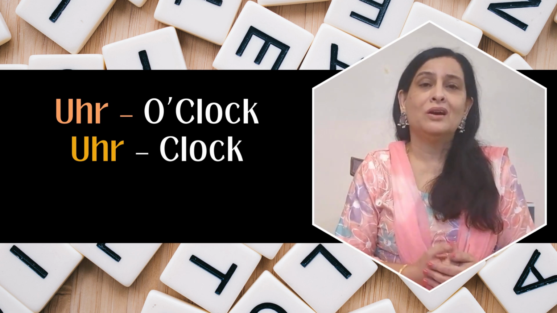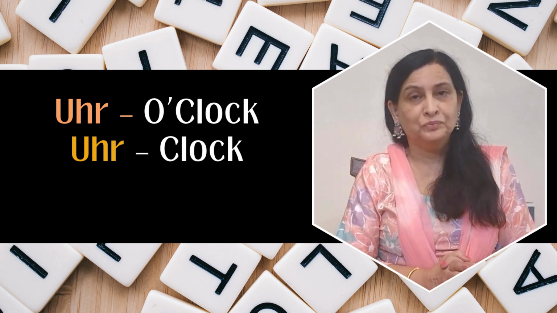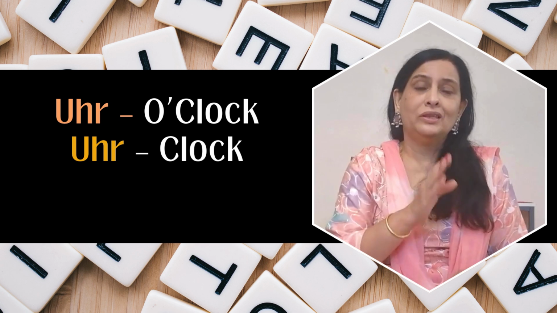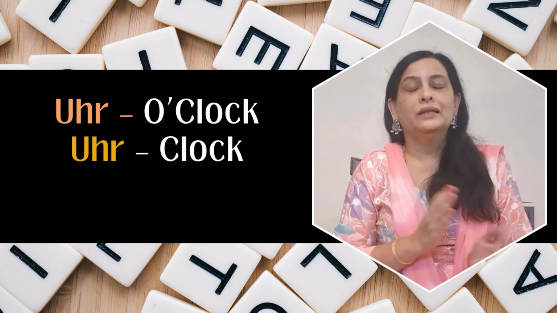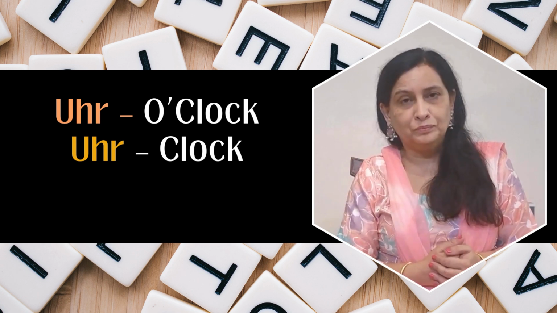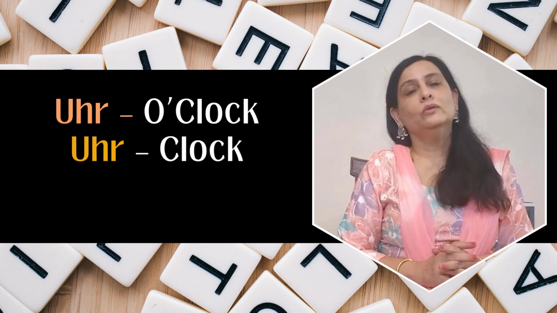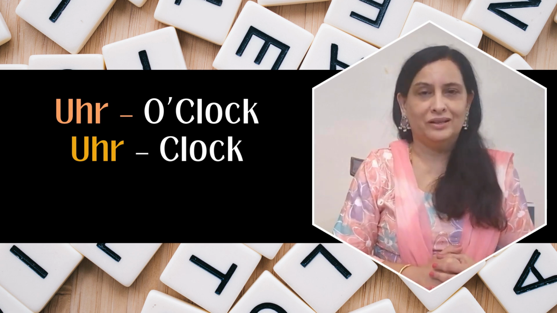So the first one means, how do we say in English, suppose it is 10 o'clock. So it will be in German es ist 10 Uhr. So in that case also Uhr can be used in the place of o'clock. And the object wall clock, in that case also we can use Uhr. So these are some time related nouns.